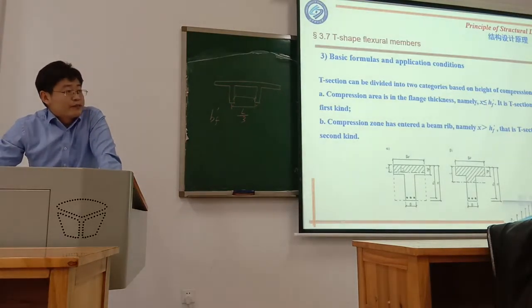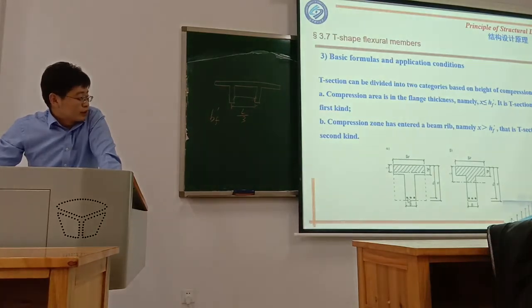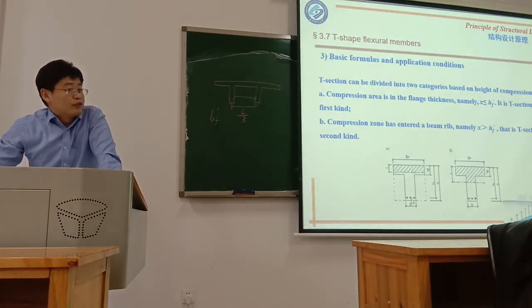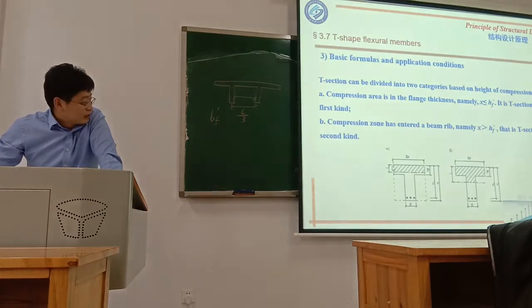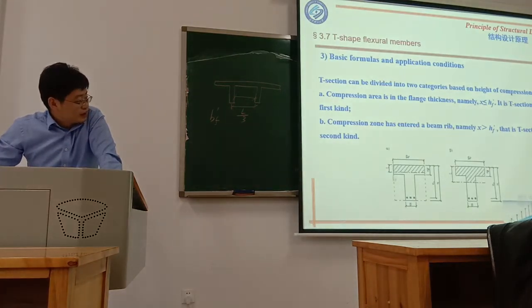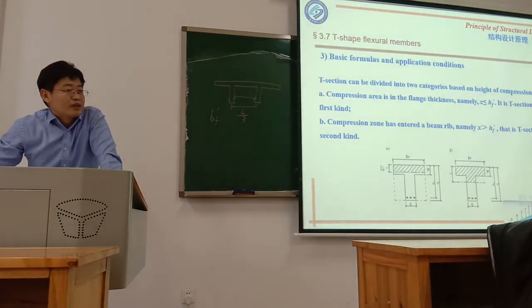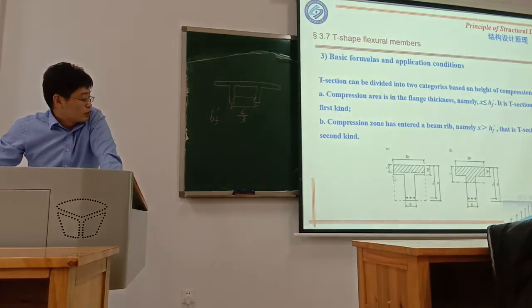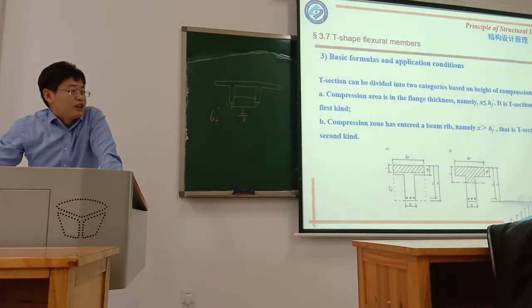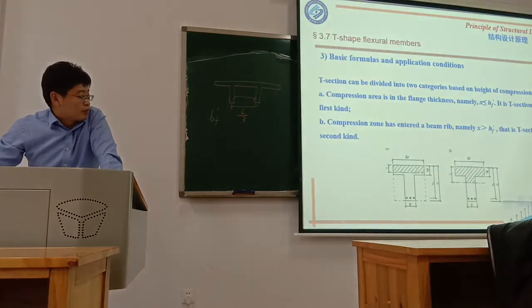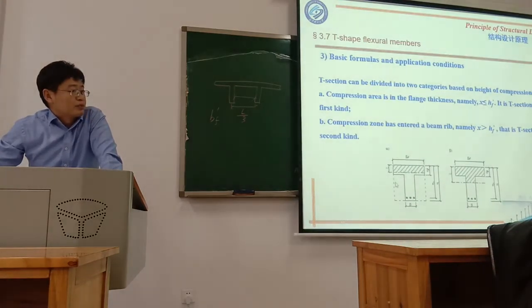So see this situation. If only the flange is in compression and the tensile force is resisted by the reinforcement, this situation is just like the rectangular shape, you see. So this type of T shape is actually just one type of the rectangular shape.